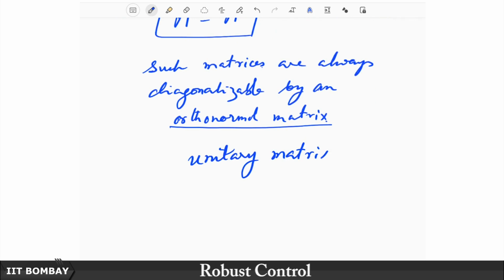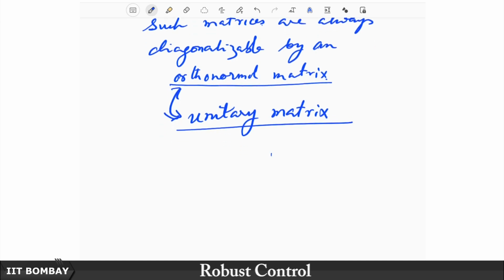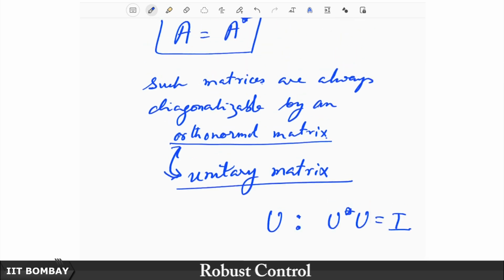These are used interchangeably in different textbooks, okay. So, a unitary matrix is basically a matrix U such that U star U is equal to identity, okay, then you say that it is a unitary matrix, sometimes also called an orthonormal matrix, alternate language, but essentially no difference.